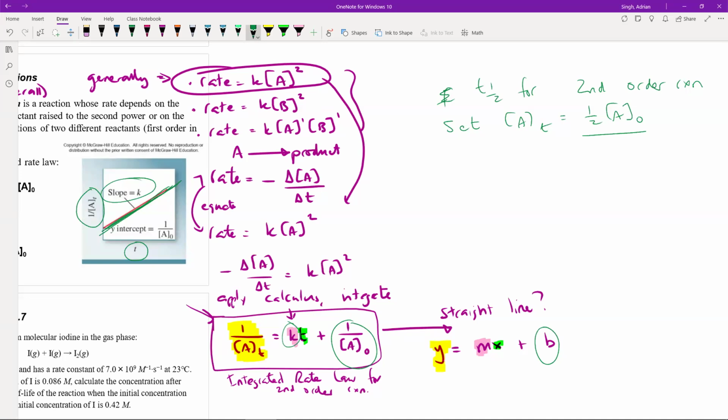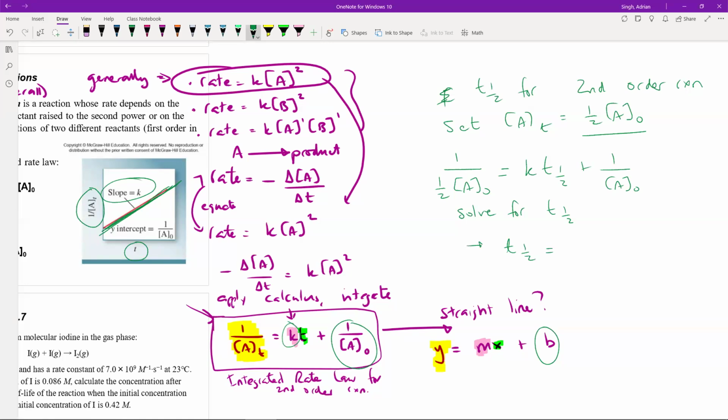What we end up with then is 1 over half of concentration of A at time 0 equal K T1/2, so the half-life, plus 1 over A at time 0. We rearrange that equation and solve for T1/2.